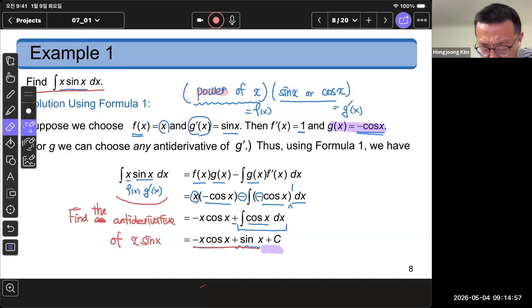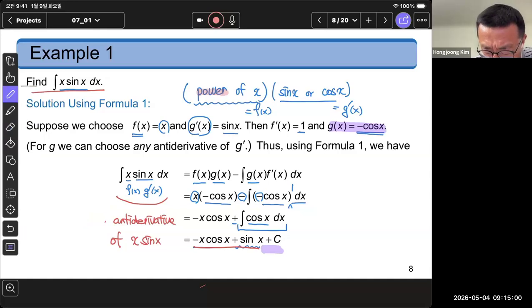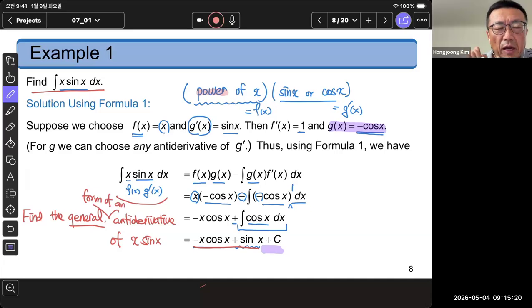So the actual question is: find a general form of an antiderivative of the integral. That is the formal question. Finding a single antiderivative is not sufficient. You need to add a constant c to describe all the possible antiderivatives of x times sine x.